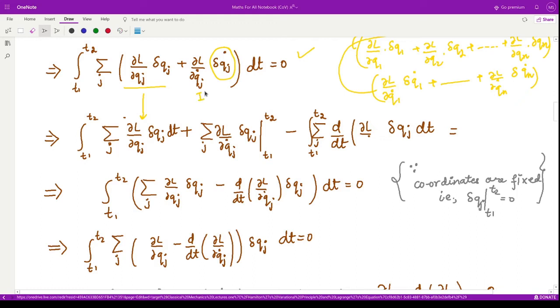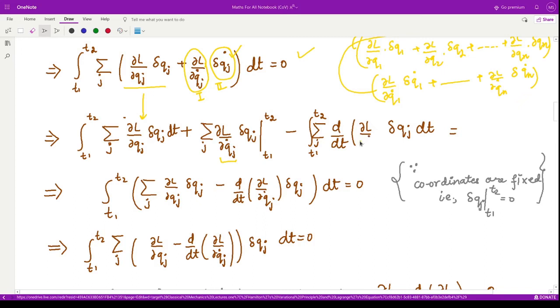We can consider this to be the first function and this to be the second function. Integrating by parts, we have the first function as such, and then the integration of the second function, which would give you the variation of qj only and not qj dot, substituting the limits from t1 to t2, minus the integration of the derivative of the first function times the integral of the second as such.